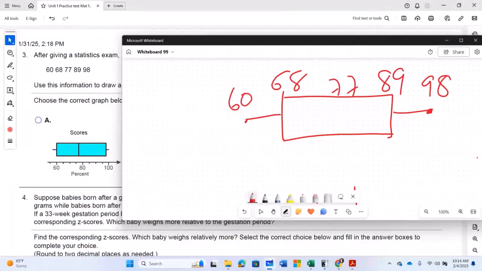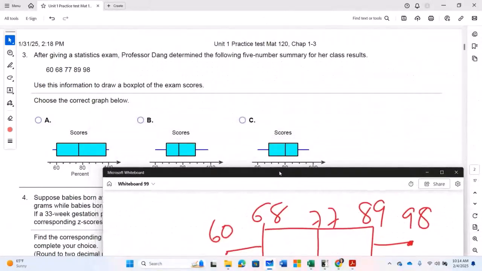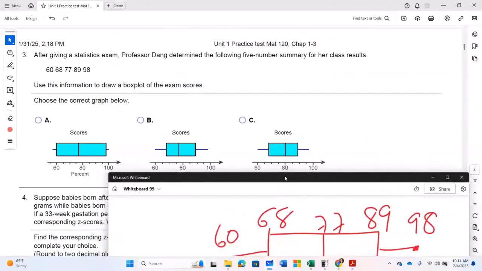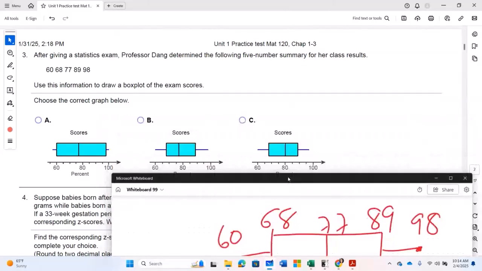Okay. And let me see which one actually. If I don't understand the box plot, I will draw my own box plot. 77 is the median, so let me see. It is not this box plot because the median is 77.